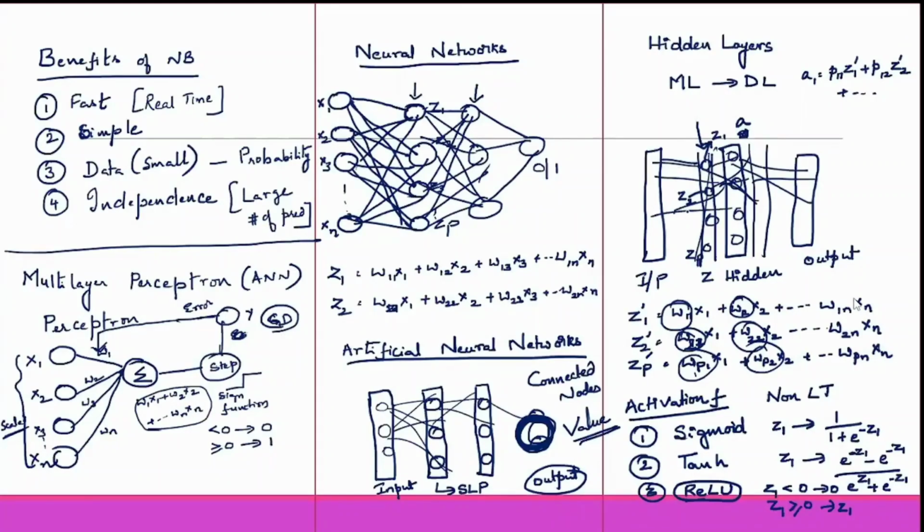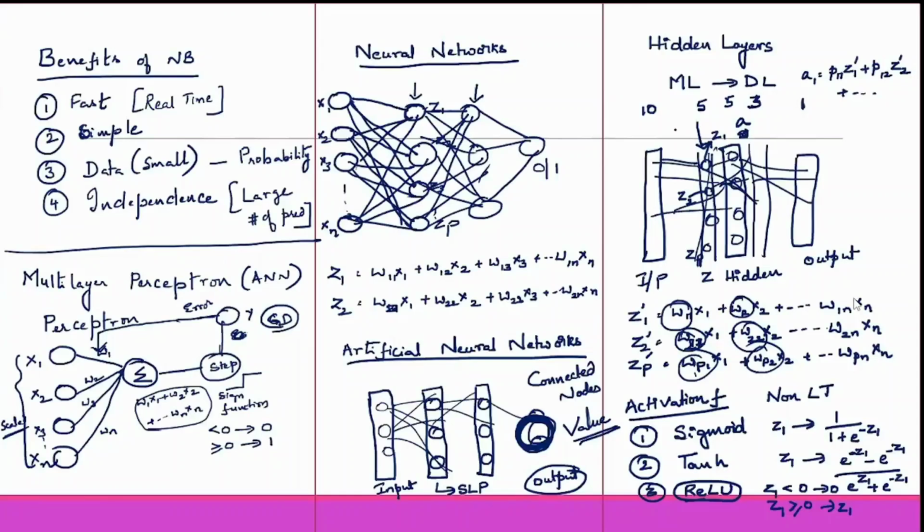If you have a multi-layered network, let's say we have 10 input values. My first hidden layer contains 5 nodes. My second hidden layer contains 5 nodes. My third hidden layer contains, let's say, 3 nodes, and my final layer contains 1. So what is happening at each layer?